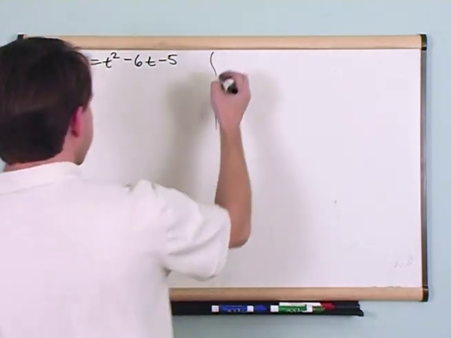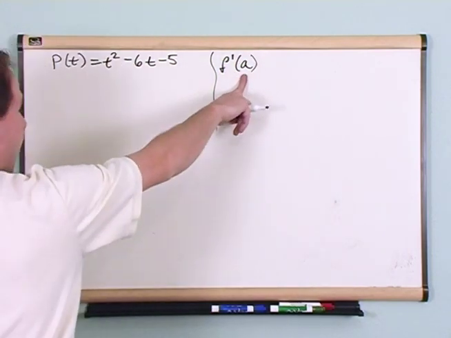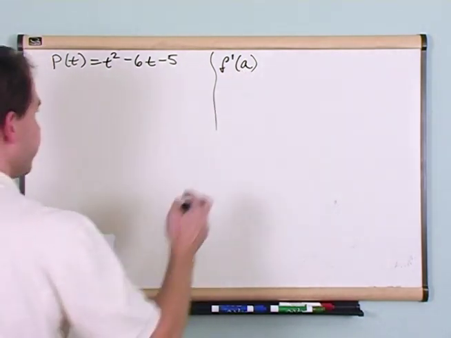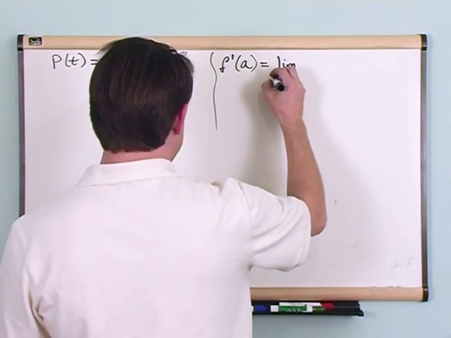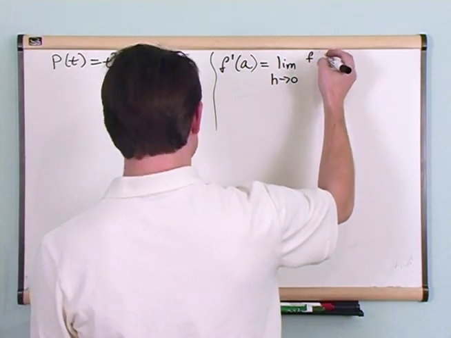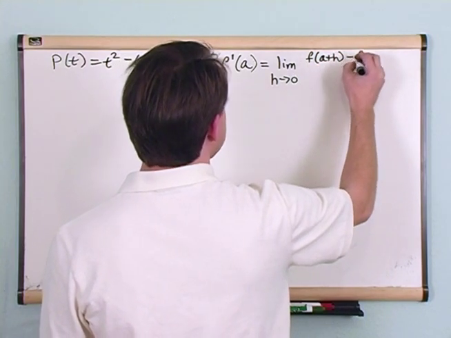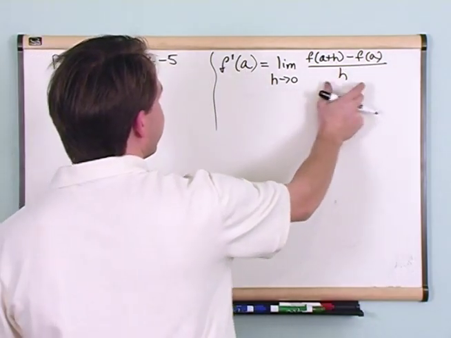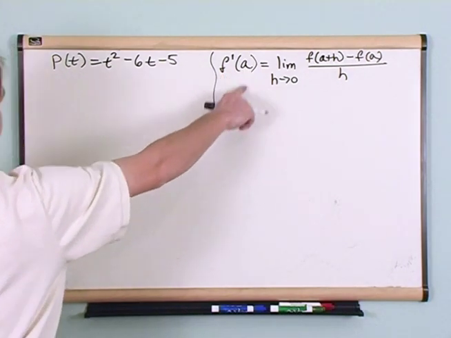The derivative at the point A, or in the previous drawing it was the point P, but it's the same thing, is equal to the limit as h approaches 0 of f of a plus h minus f of a over h. So it's the limit as h approaches 0 of this quantity. That's the definition of the derivative of the function f at the point A.